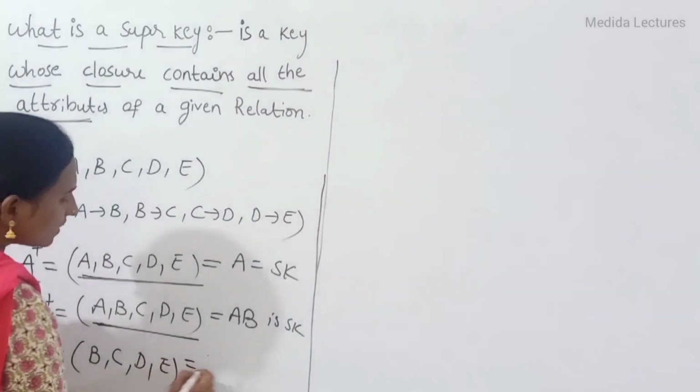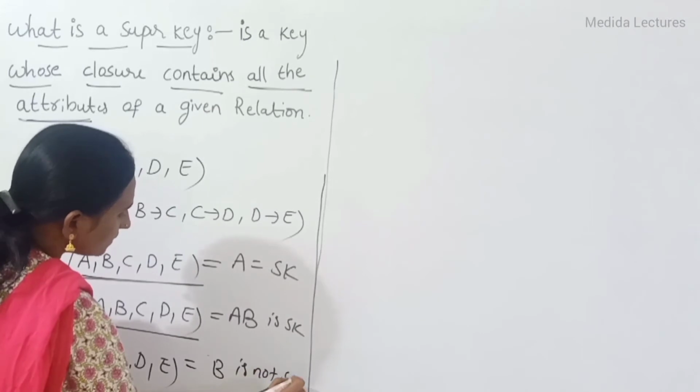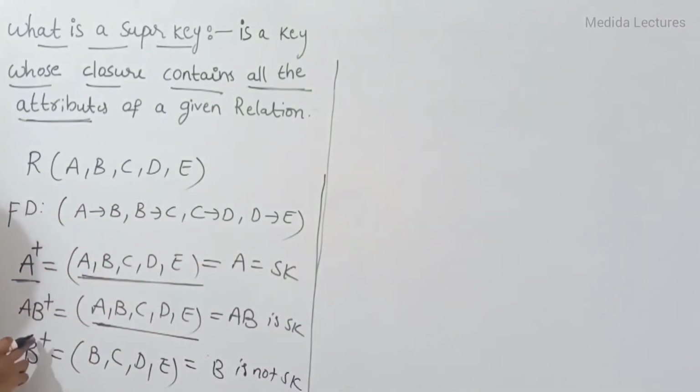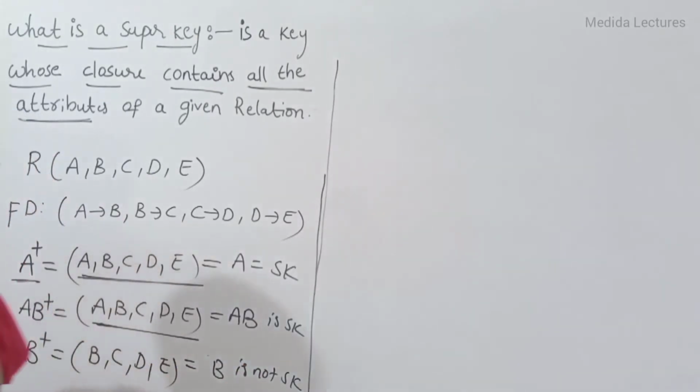No, B is not a super key. Why? Because B closure consists of only B, C, D, E attributes. There is no A in B closure. So B is not a super key.